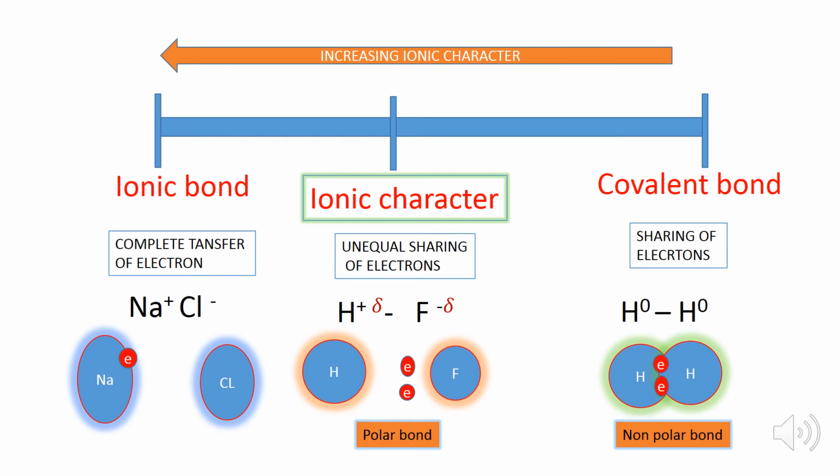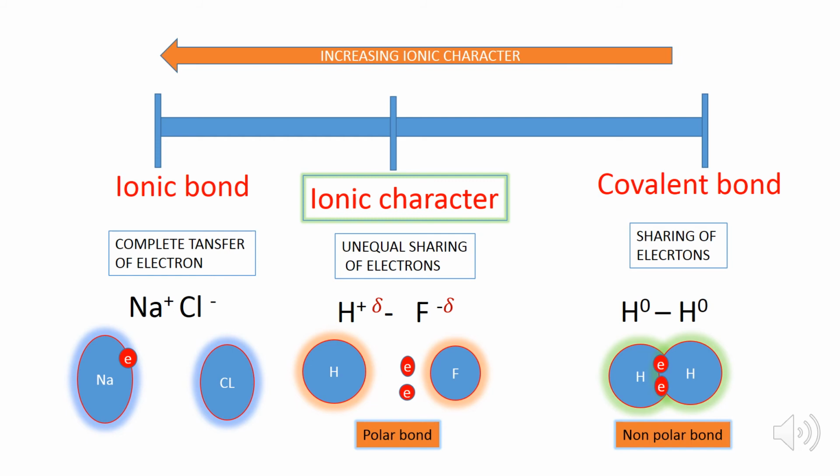Whereas in the case of polar covalent bonds, we can't ignore the electronegativity difference. Here we see that partial charge formation takes place, and as a result of these partial charges, there is an electronegativity difference which results in pole formation. So in the case of the polar covalent bond, there must be an ionic character.